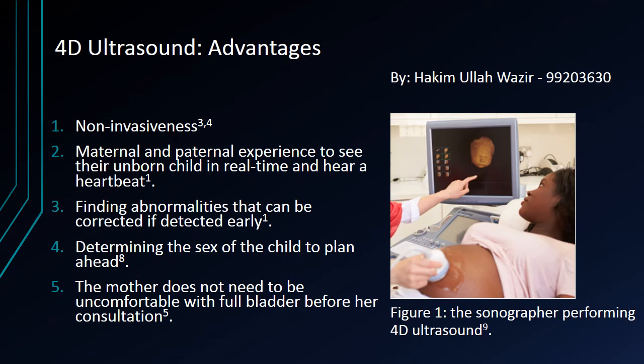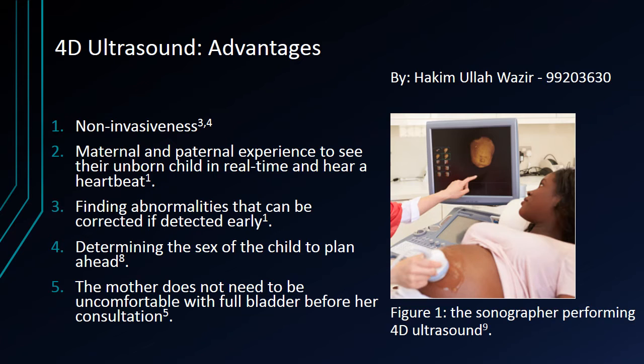This includes congenital uterine abnormalities, where some women are born with changes in the shape of the uterus, for example, bicornuate uterus, the location of endometrial polyps, investigation of recurrent miscarriages, and preterm deliveries, just to name a few uses of 4D ultrasound.